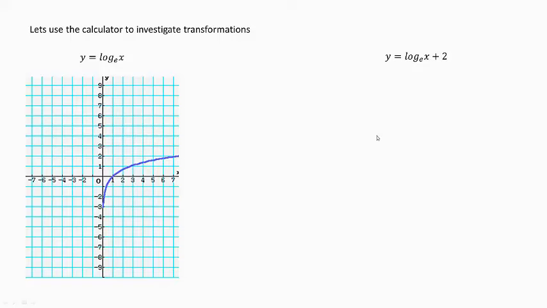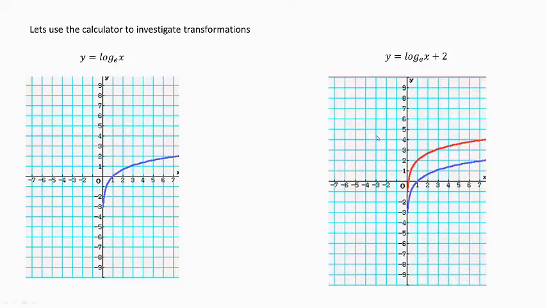And now I'm going to draw y equals log to the base e, or the natural logarithm, of x, plus 2. What does the plus 2 do? Well, that's the one drawn in red, and you can see that every value has now moved up 2 spaces.